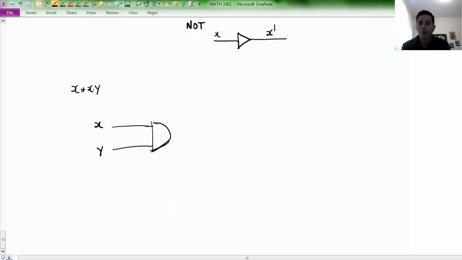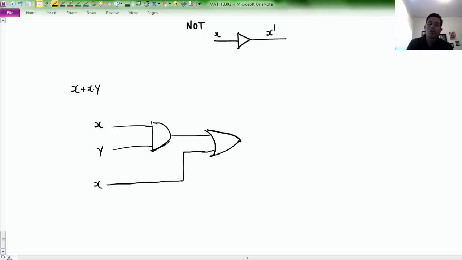once we do AND, then we need to do OR with x. So we can put another line here to represent x, and this will come into an OR gate. Okay. So x and y here give us x times y. And notice that x goes in here, this becomes x plus x times y.